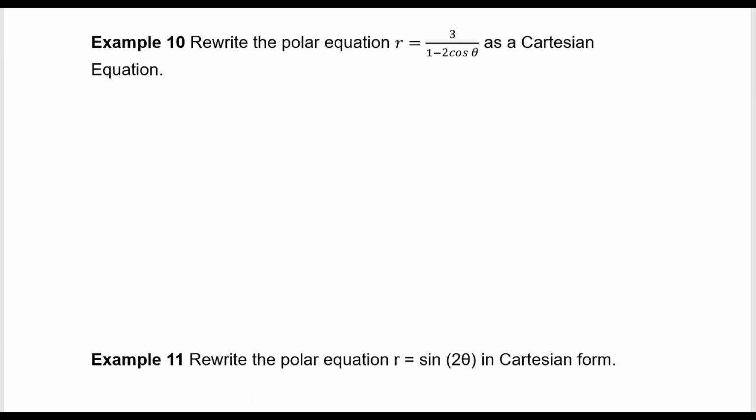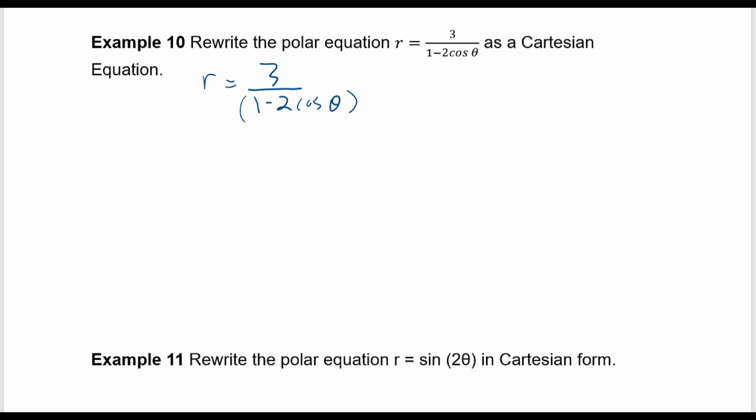It says rewrite the polar equation r equals 3 over 1 minus 2 cosine theta as a Cartesian equation. So let's have some fun with this. First things first, I have this r equals 3 over 1 minus 2 cosine theta. It'd be very helpful to get this out of the denominator.